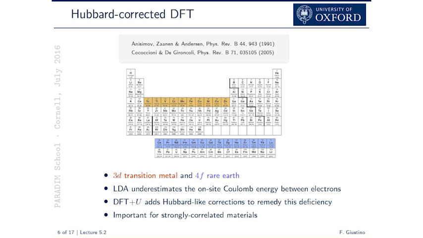Why? What we described at the very beginning is that DFT is really building on the Hartree approach, where two electrons don't interact with each other directly, but one electron contributes to the total density. From that, you get the electrostatic potential, which feeds back on all the other electrons. So if you have two electrons strongly localized on the same site, they don't see each other directly, as it should be.